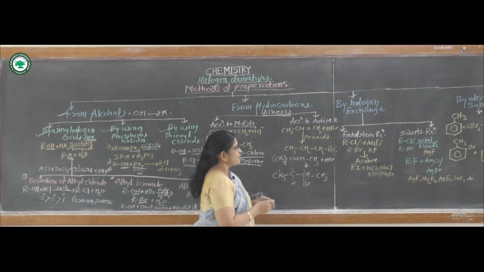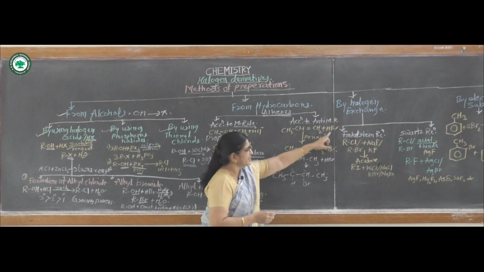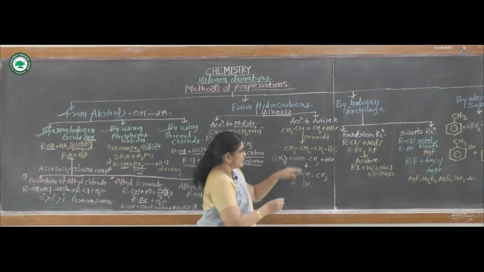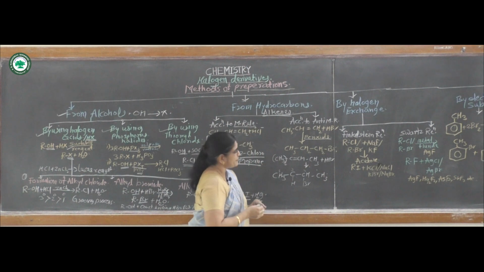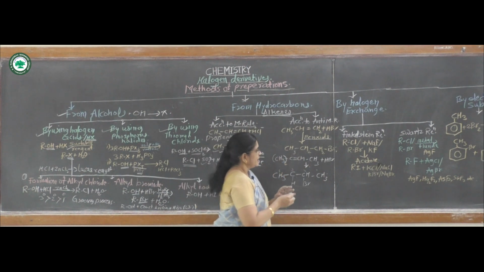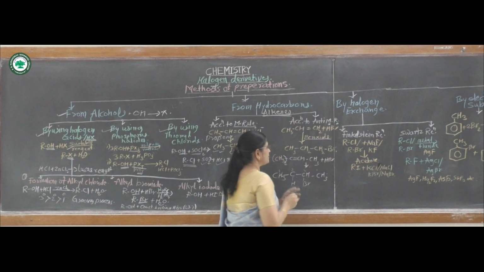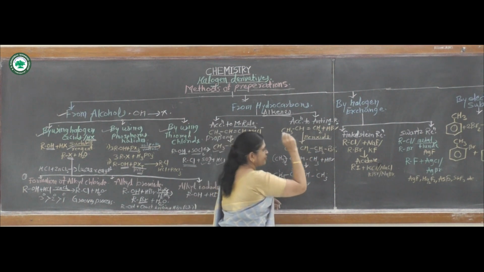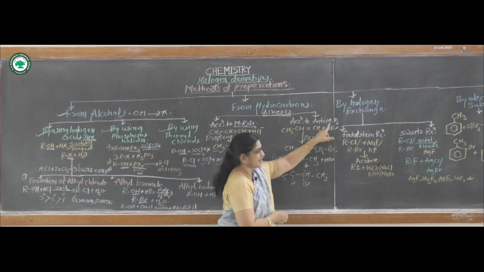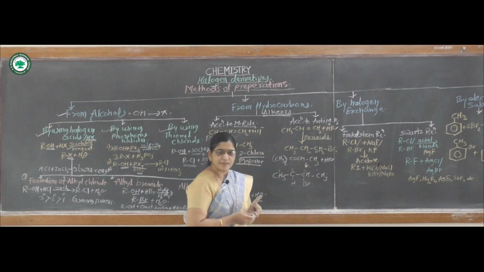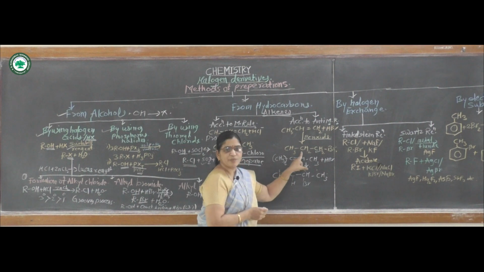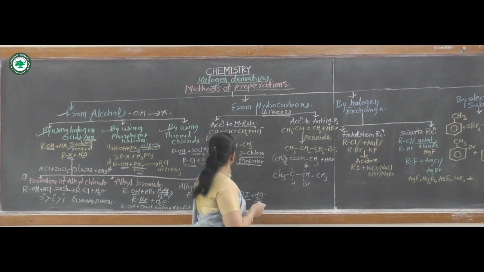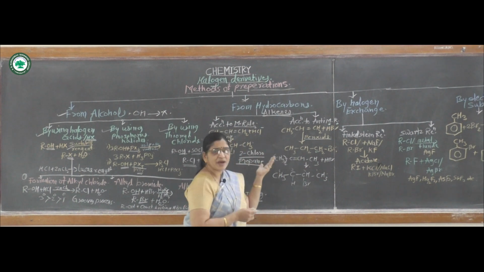That means if an unsymmetrical reagent is added to an unsymmetrical alkene in presence of peroxide, then the negative part, that is bromine minus, gets attached to that carbon atom which carries more number of hydrogen atoms, and the positive part, that means hydrogen, gets attached to that carbon atom which carries less number of hydrogen atoms. That is completely opposite to Markovnikov's rule.